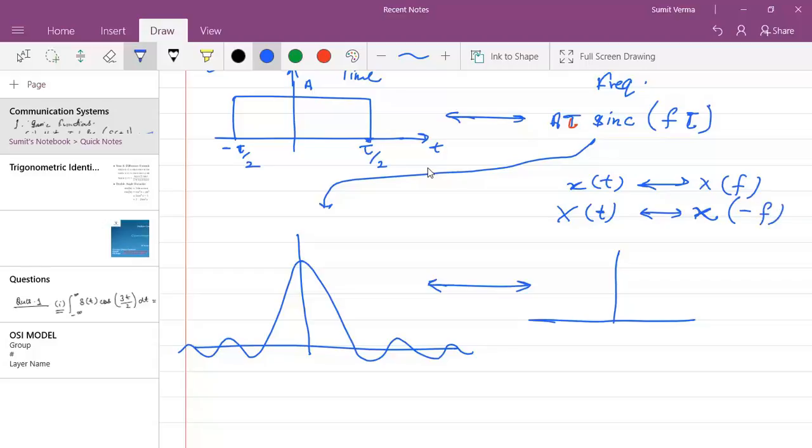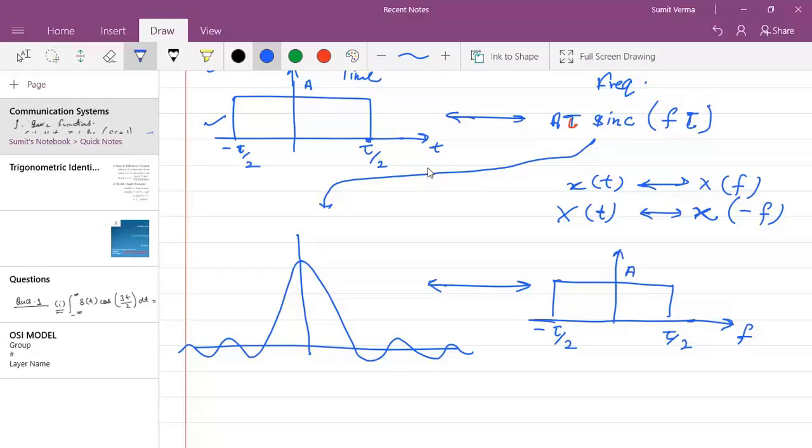And because this pulse is symmetrical, it doesn't matter whether I take f or minus f. So this comes out to be a rectangular pulse or gate pulse in the frequency domain. This axis is your frequency axis.